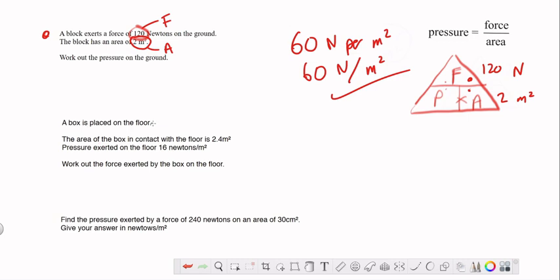A box is placed on the floor. The area of the box in contact with the floor is 2.4 meters squared. That's your area. Pressure is 16 newtons per meter squared. So now we need to put those numbers in our formula.